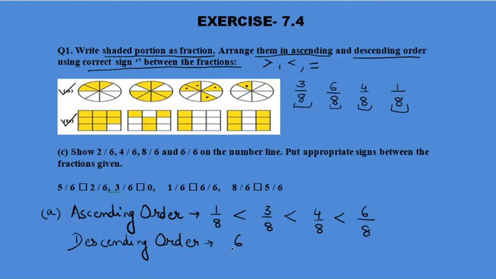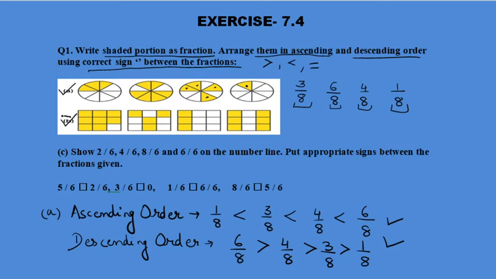So the greatest fraction is 6 by 8, then 4 by 8, then 3 by 8 and then 1 by 8, right? So 6 by 8 is greater than 4 by 8, is greater than 3 by 8, is greater than 1 by 8. So these are the ascending order and the descending order.